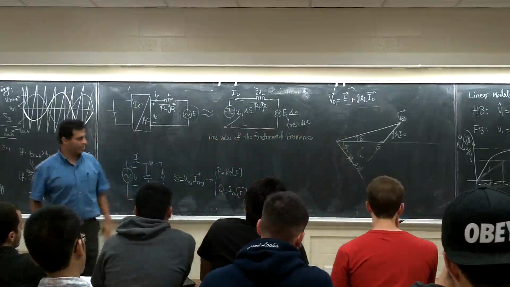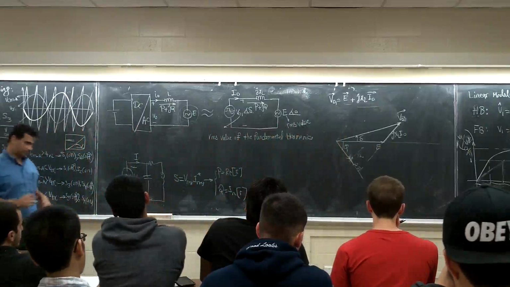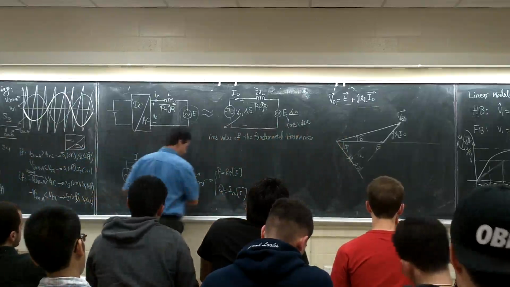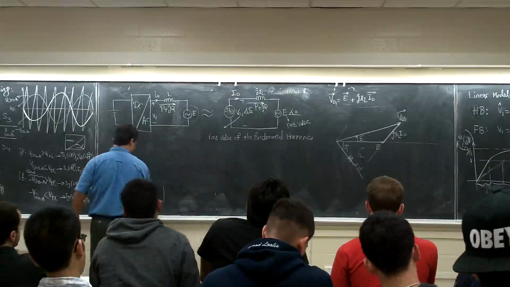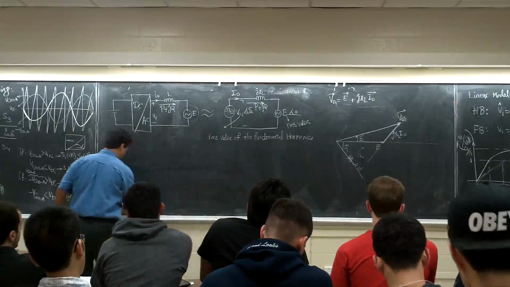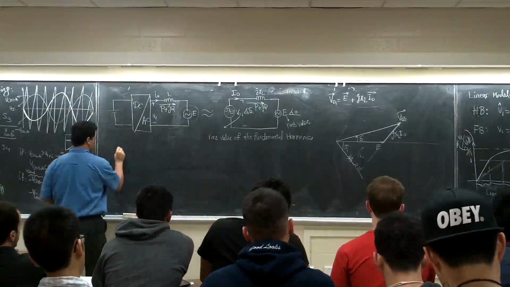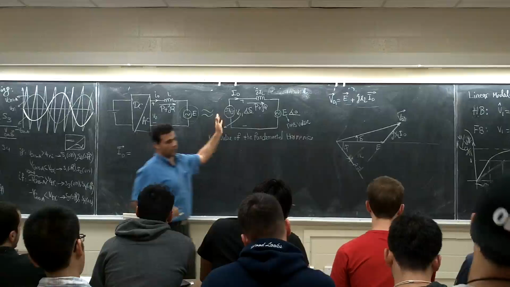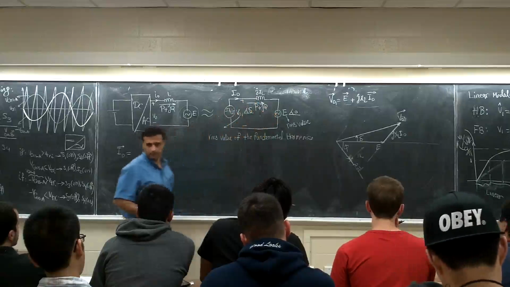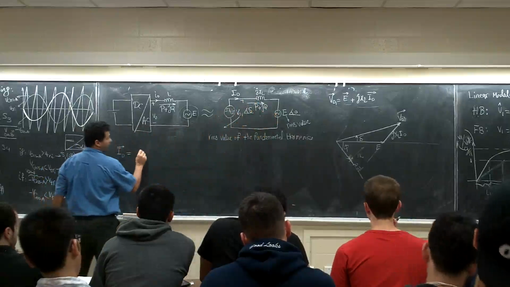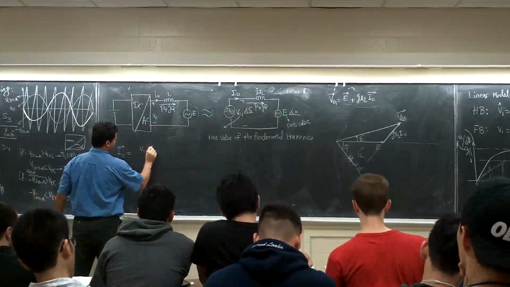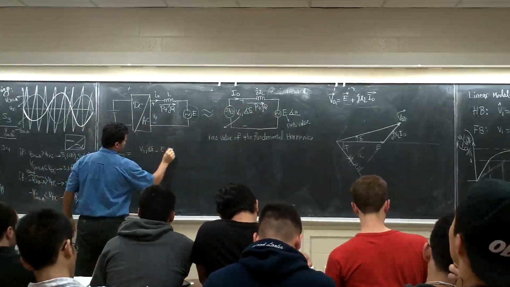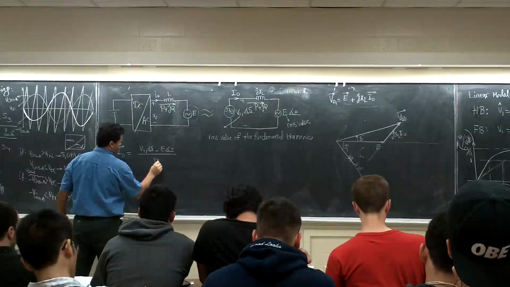Now let's calculate the active and reactive power in this system. Based on what we said, we need to calculate the current first. How much is the current? This one minus this one divided by this, right? It's going to be VO1 with delta minus E with 0 over jXL.